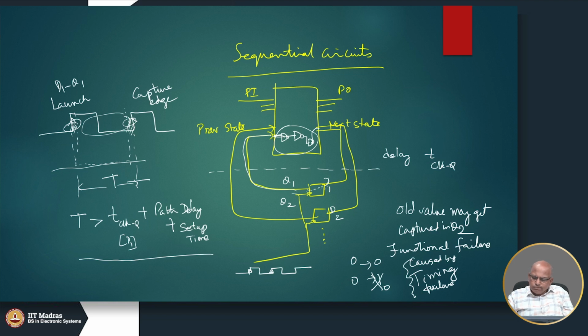No. If you are willing to slow down the circuit, maybe you had intended this circuit to work at 100 megahertz, so the frequency was expected to be 100 megahertz. If you are willing to make it work at, let us say, 10% lower, it may actually work correctly because now this inequality is satisfied. But if you try to make it work at 100 megahertz, the circuit doesn't work.